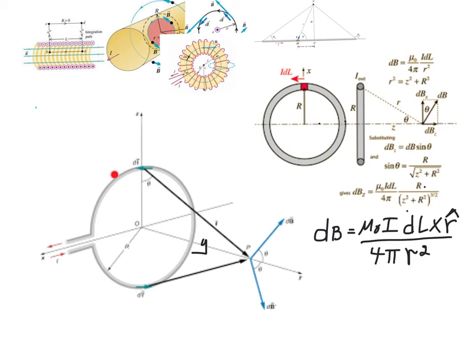And so if we did all the dl's around here, what you would get is a series of dBs, a series of magnetic field vectors that would sweep out a cone. And so in this case, all the x components and y components would cancel in pairs, and the final field in this figure is going to be along z, and in this figure it's going to be along y.